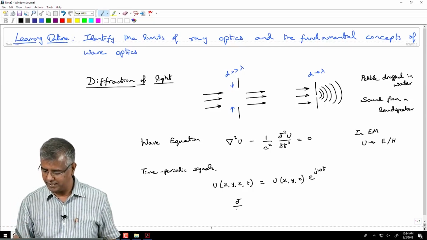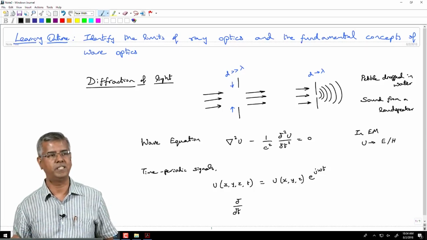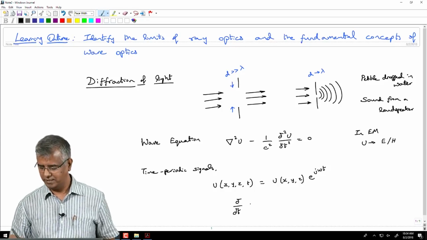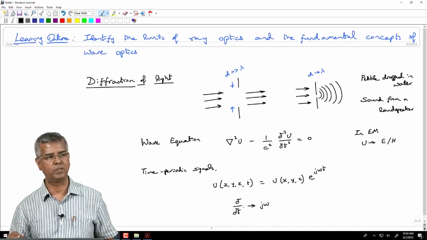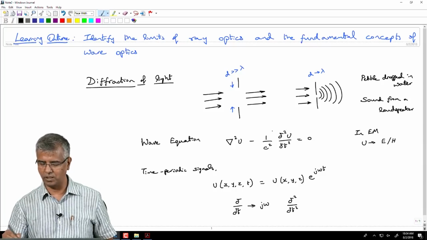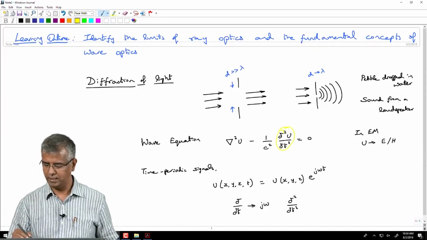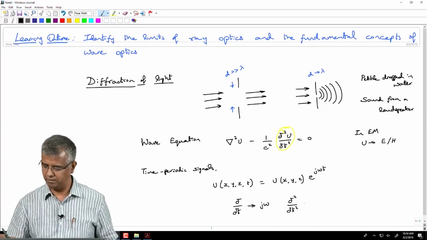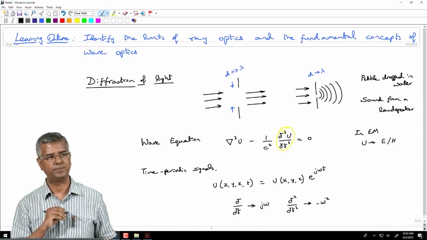If I want to take a derivative with respect to t, if I differentiate this with respect to t, then that will give me j omega, right, and the u is going to remain the same. And if I want to do a second derivative, which is what we are trying to do over here, that is nothing but minus omega square, okay.